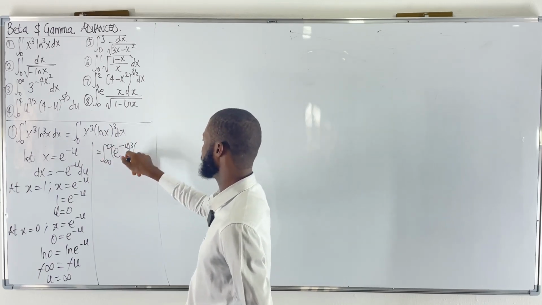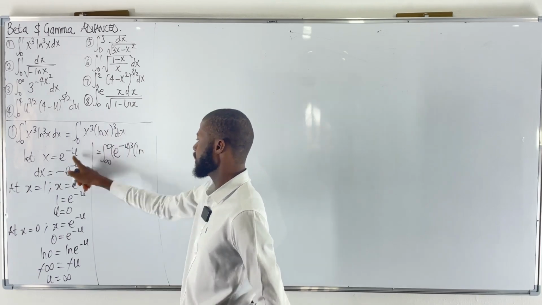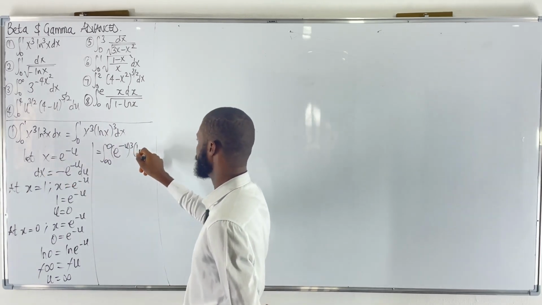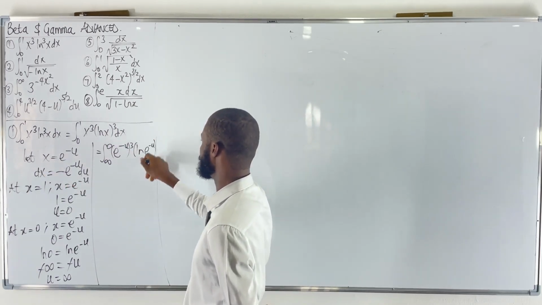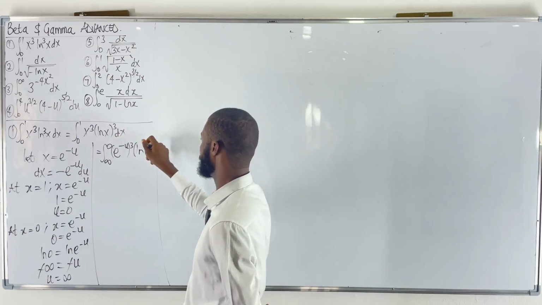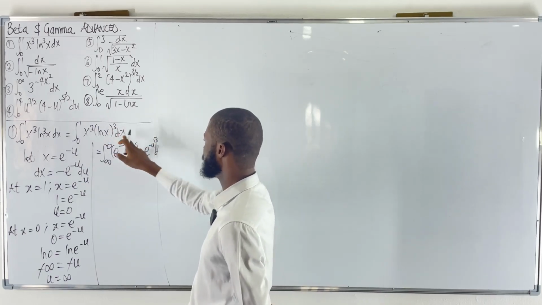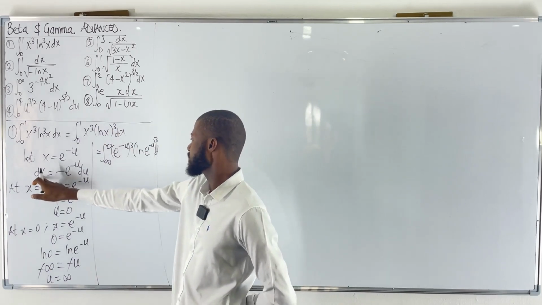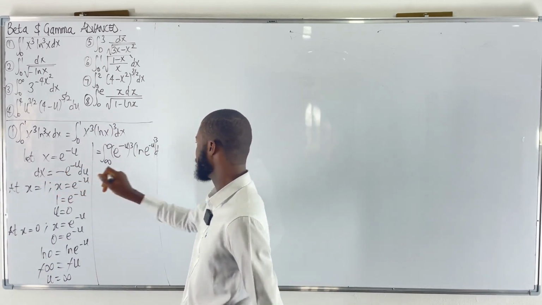Now this is ln. x is e to the minus u. So we're going to have e to minus u, and this is all raised to the power of 3. dx is minus e to minus u.